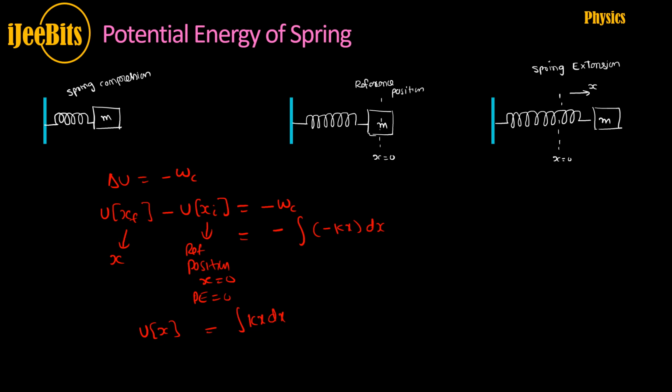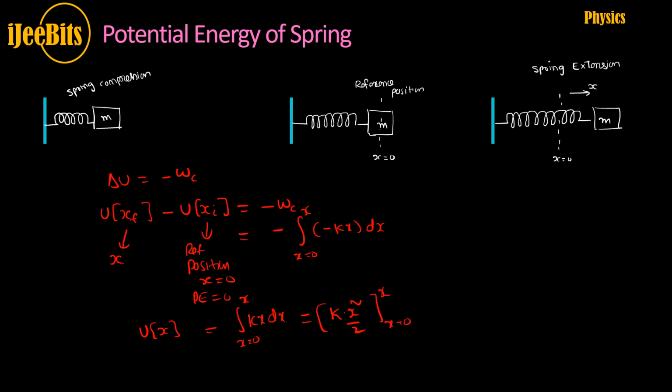Right. So there should be some limits. The limits would be the initial value x0 to some arbitrary value x. So how do you define now? k into x square by 2, isn't it, kx square by 2 from x0 to some arbitrary value.